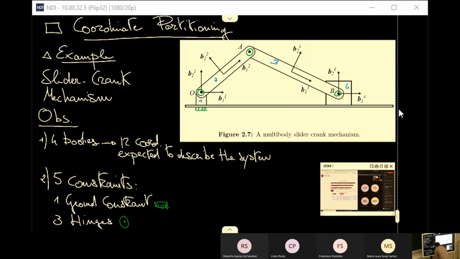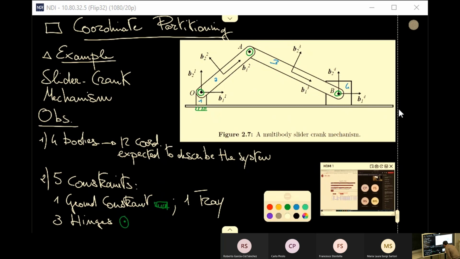So it's a slider, and this is called a tray, carrello. This typically is represented like this. That's the tray.